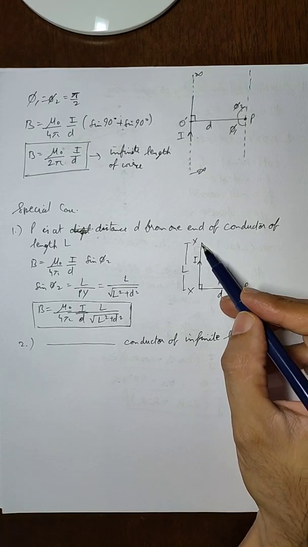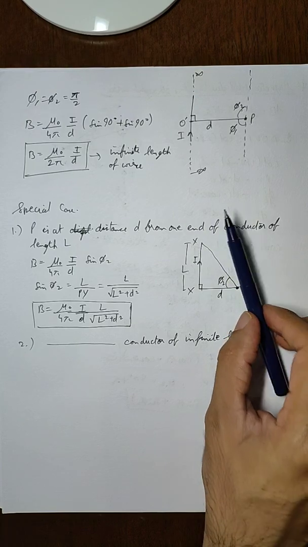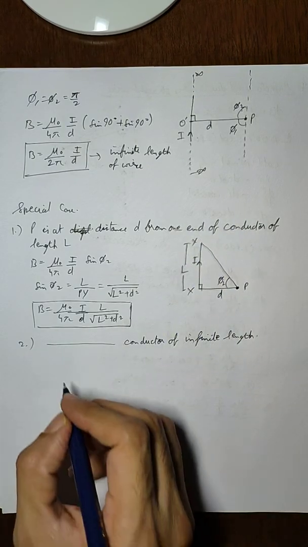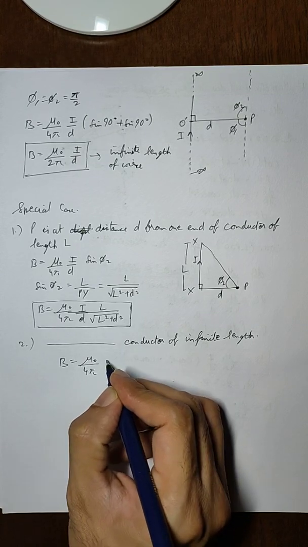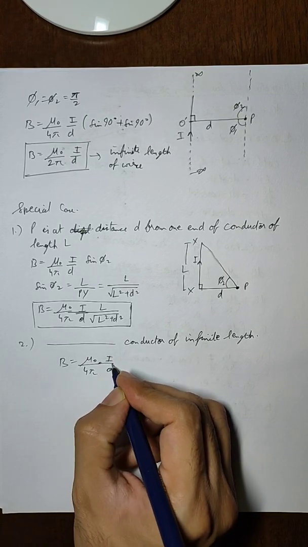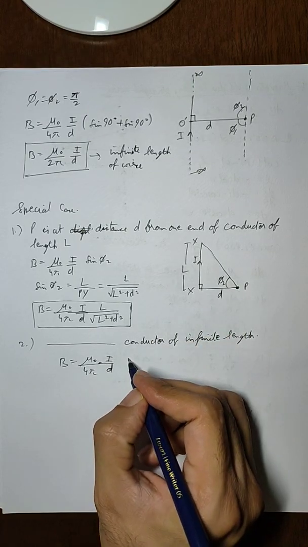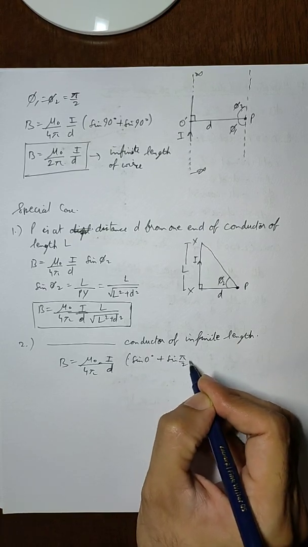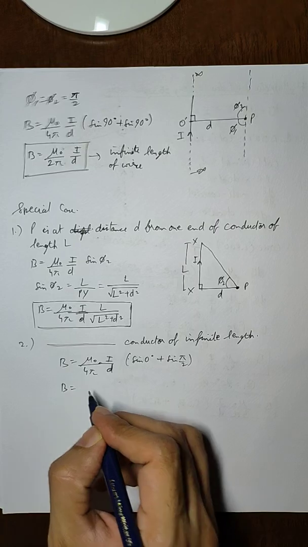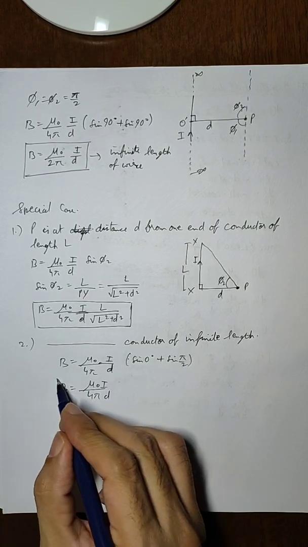If the conductor is of infinite length, then we know that this phi 2 angle will keep on increasing till it reaches pi by 2. So for that, B becomes equal to mu naught upon 4 pi, I by d, and sine phi 1 is 0. So it is sine 0 plus sine pi by 2, which is 1. So this becomes equal to mu naught I upon 4 pi d.